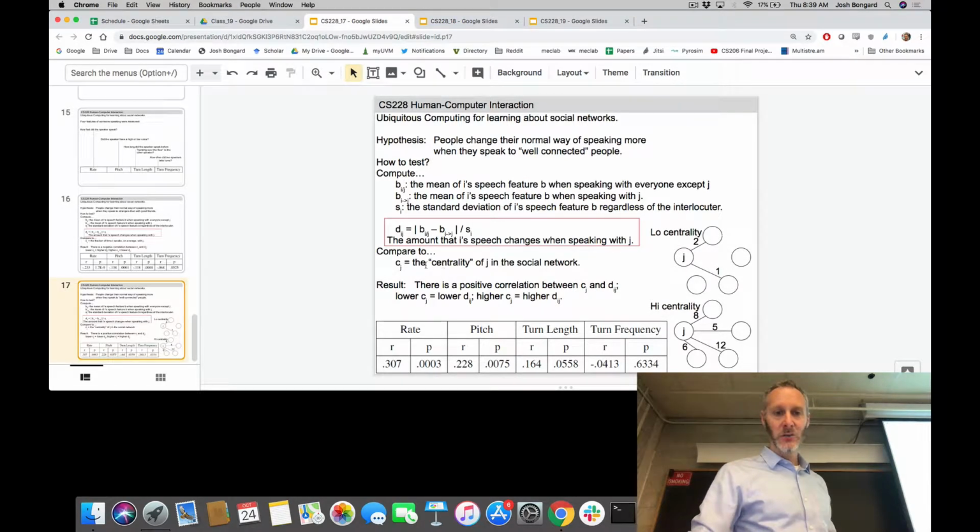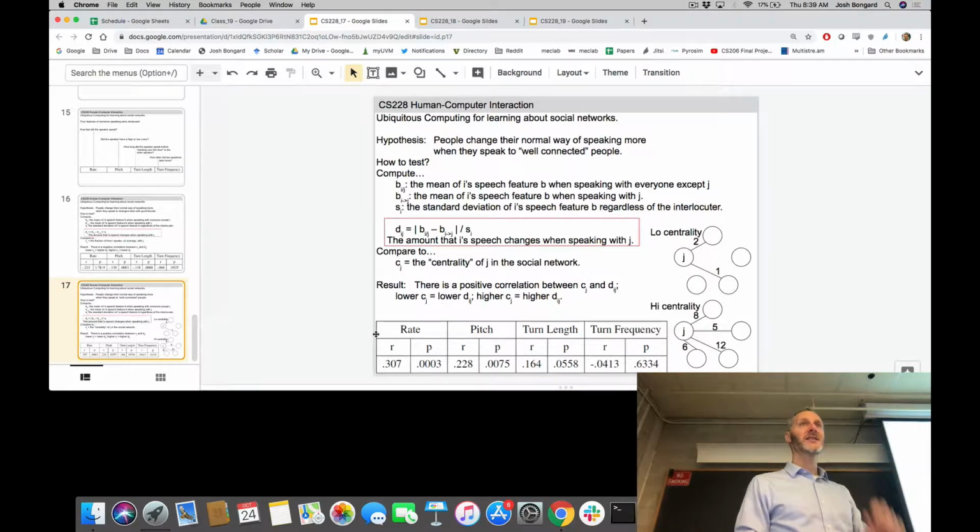That's what C represents. In this case, the investigators found there's a positive correlation for some of these 4 features of prosody. High C means high D, low C means low D. Again, if we pay attention to the p-values down here, just as a reminder, the p-values are probabilities that the detected correlation is actually not there.